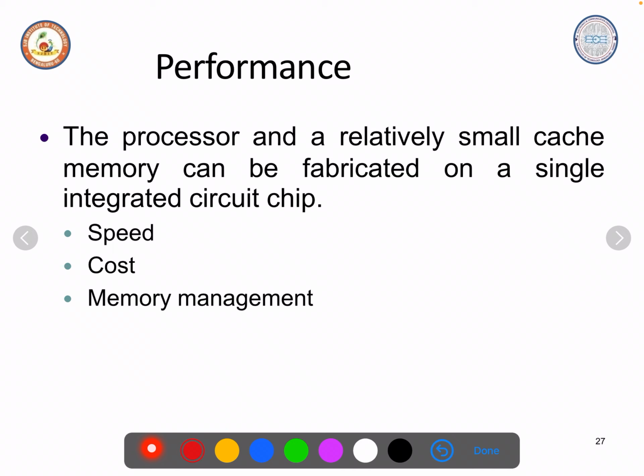The main purpose of that is it increases the speed, meaning no need to fetch the instructions from the memory, as it is available within the processor itself. The speed can be increased, but the cost will also increase. Suppose I want to have a memory built in, the cost of the system will increase, and you need to have a memory management unit, MMU.